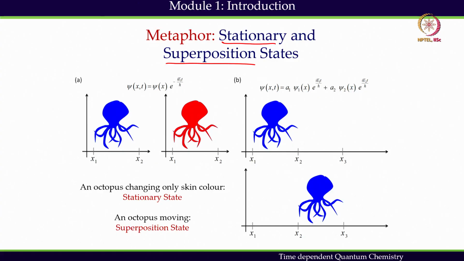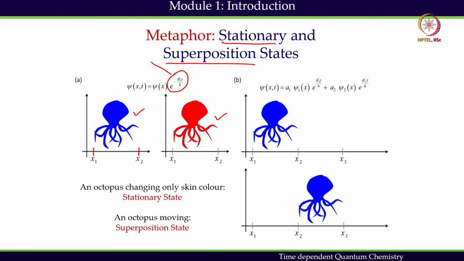Now let's assume that the octopus is staying localized in this space between x1 and x2, and the octopus is changing color. That's exactly what the octopus is doing. It's not moving, it's staying at the same place but changing color periodically. Let's say changing color periodically is represented by this phase factor, an oscillatory factor.